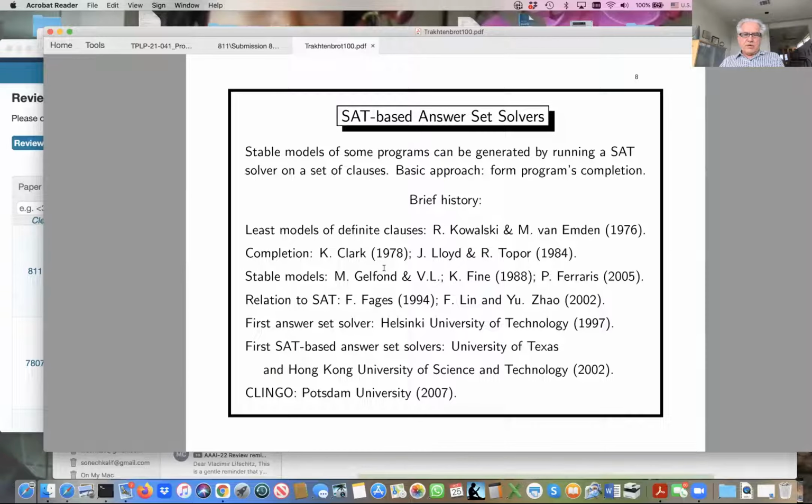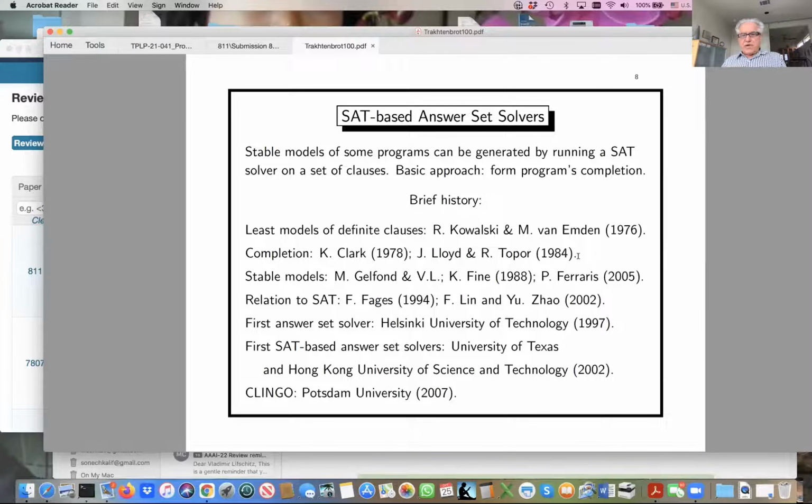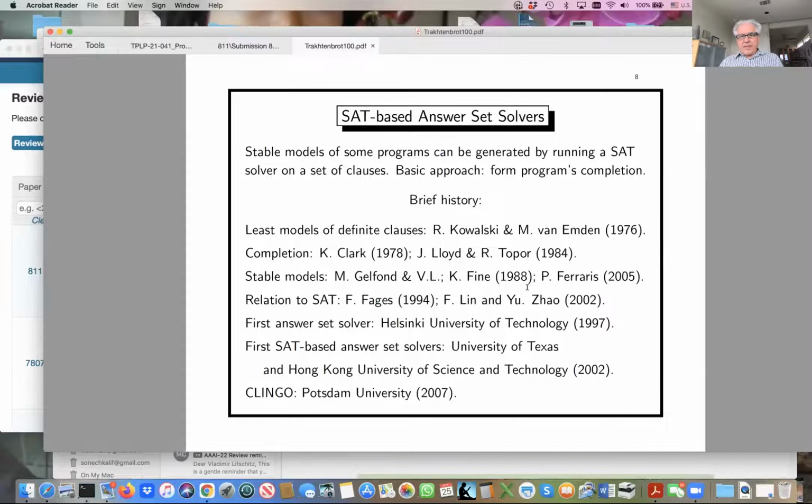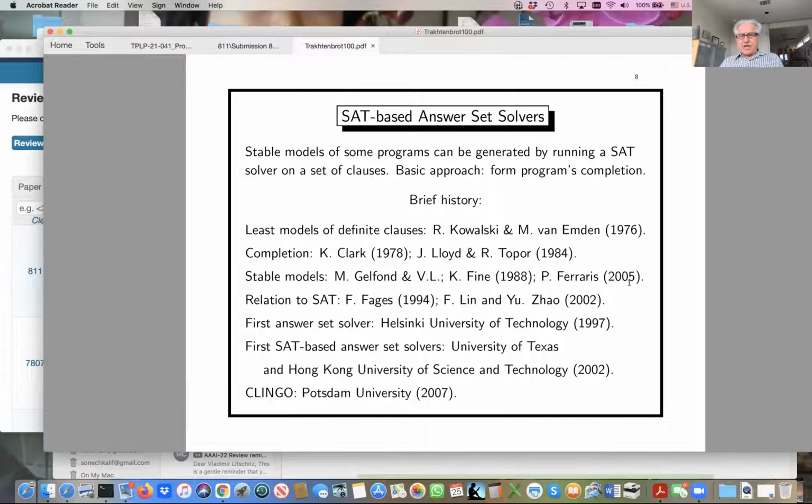And then it was made somewhat more general and led to the definition that you'll see on the next slide in 1984. Stable models were originally defined for formulas or rules of a simple form in 1988. And then the definition that you saw in the previous slide was proposed in 2005.